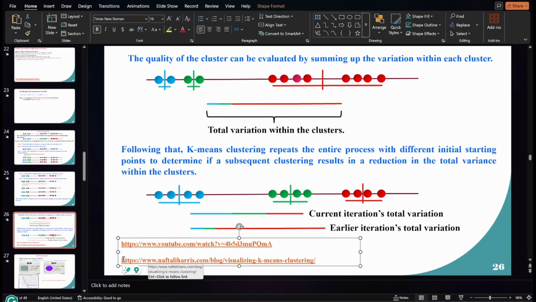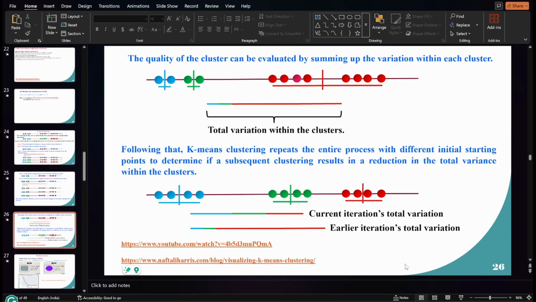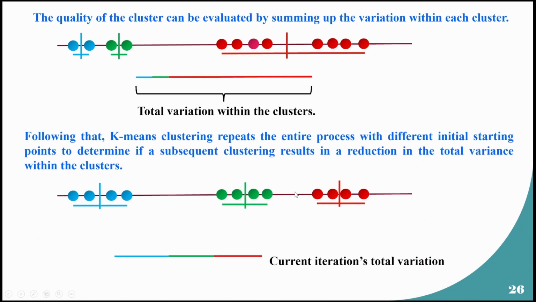Total variation is calculated via calculating the mean. In this simple process, it is just calculating the total distance of all of the data points from the cluster representative, and then summing that up.